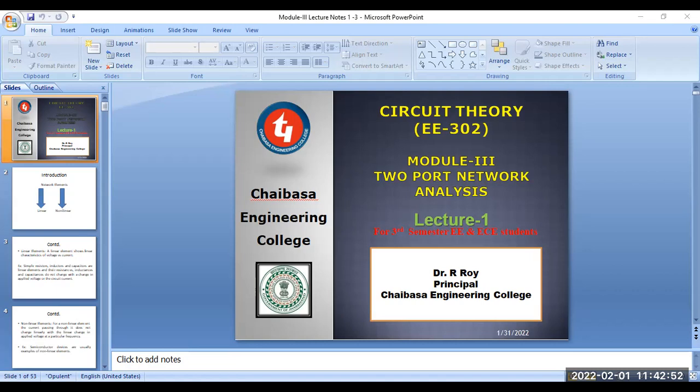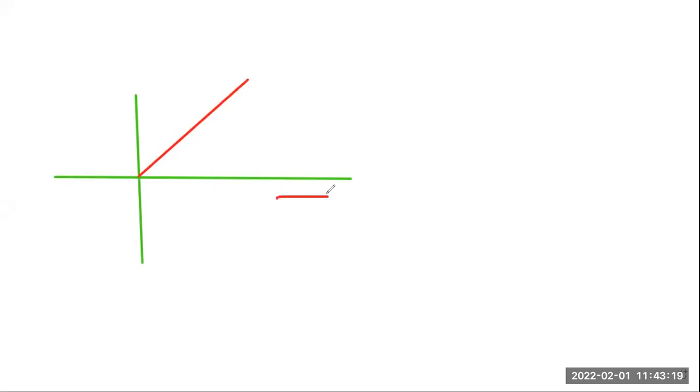Okay, so for example, let us say this is an axis, and you are getting a line this way, and this side is your I and this side is your V. So what is this element?